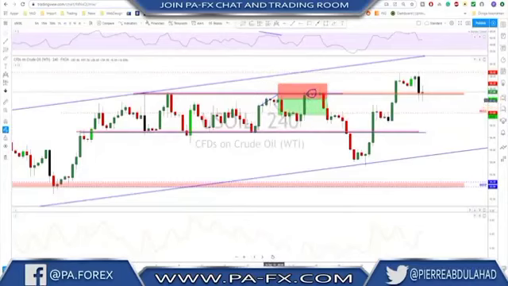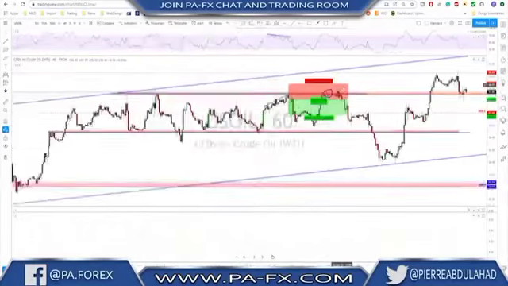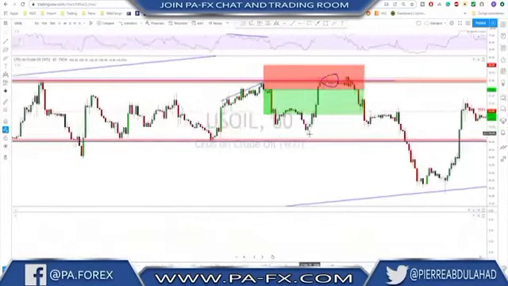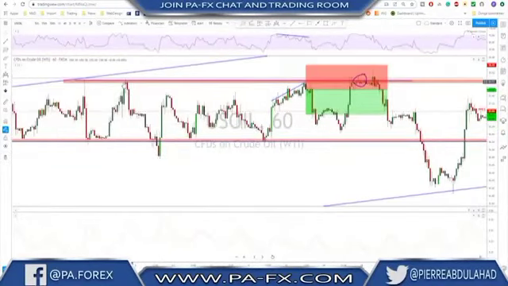So the entry was on the 1-hour time frame, it was here, so we move to the 4-hour time frame, and I will check what is the ATR on that 4-hour time frame. So the ATR down here was at 0.50, so that means I will go with 0.50 above the previous structure high, and that is the previous structure high I'm talking about.